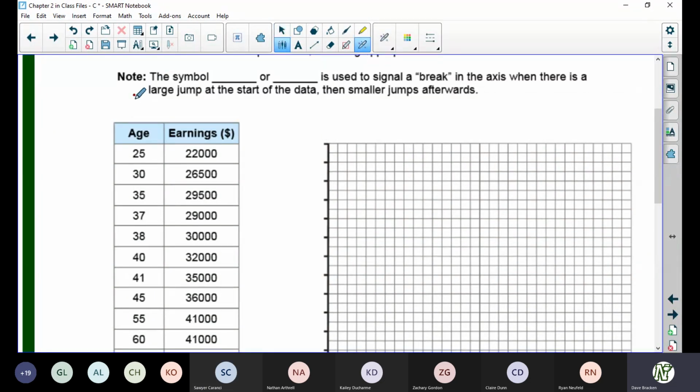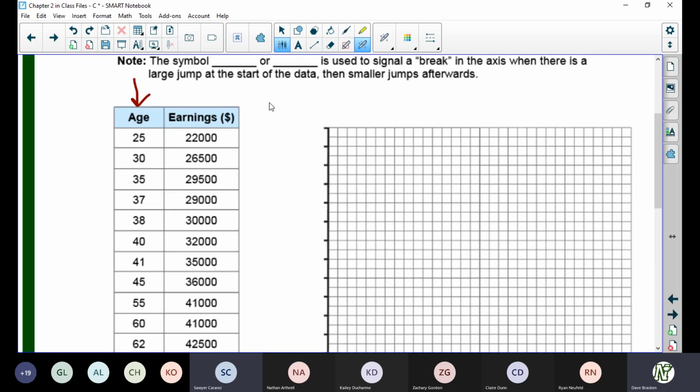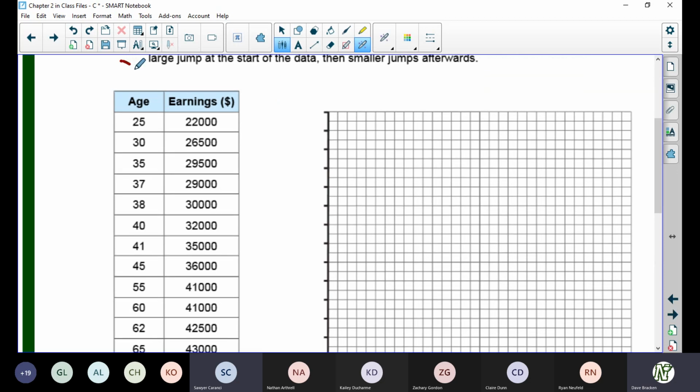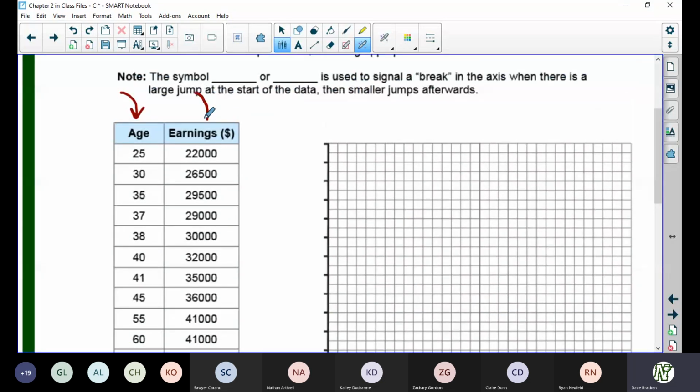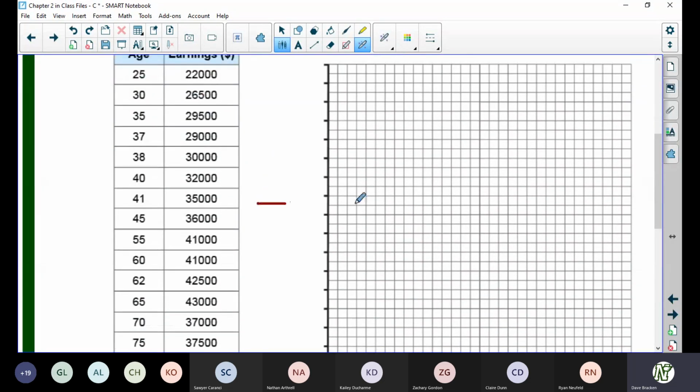Where does this one go all the time? Where does that first variable in your table always go? On the left? No, the first variable. Oh, on the bottom. On the bottom, always on the bottom. The second variable in your table always goes on the side.